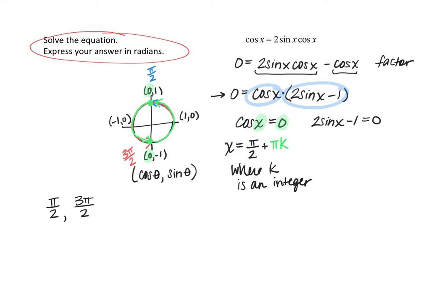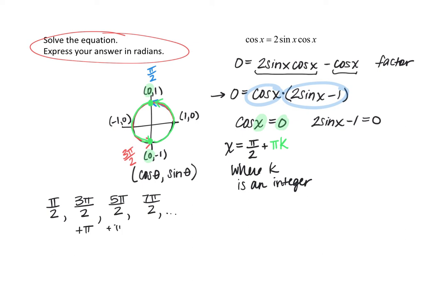If we were to add another pi to this, 180 degrees, that would push us up to 5 pi halves. So that would be another angle that also has a cosine of 0. And if I added another pi onto that, I would end up at 7 pi halves. And this process would just continue by adding.